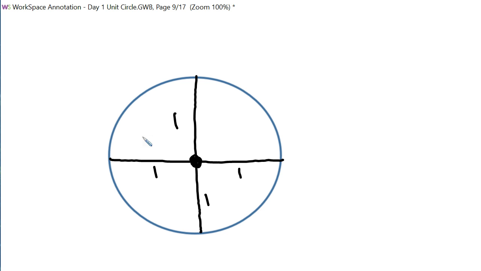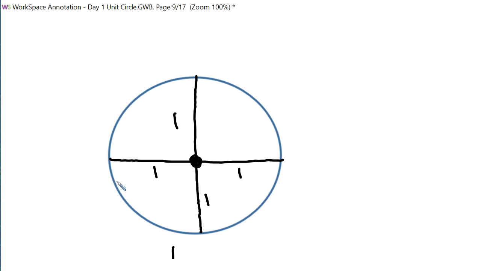Now think about ordered pairs. Think about an x, y coordinate plane. If this is the origin, and I move 1 unit, what would this ordered pair be? The x value is 1, the y value is 0.